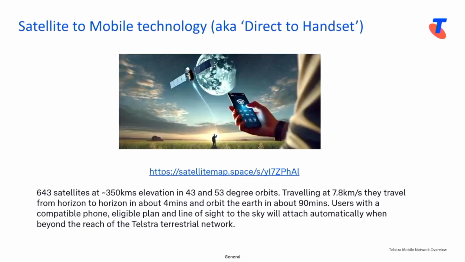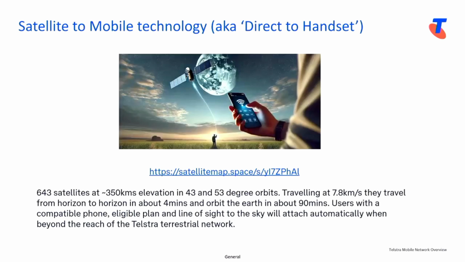That can actually happen today. There are some facts there around the satellites, about 643 of them. That's the Starlink that we're using today. If you have a compatible phone and a plan today, and you have a line of sight to the sky, you can actually reach the satellite network, directly through your iPhone and the latest Samsung.